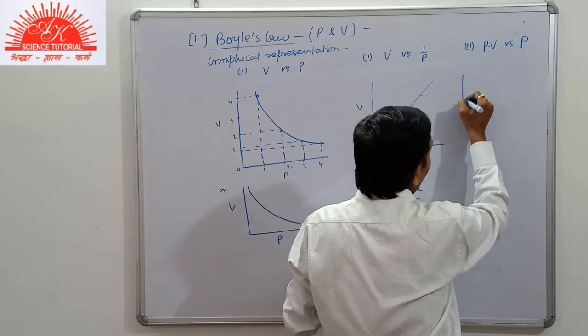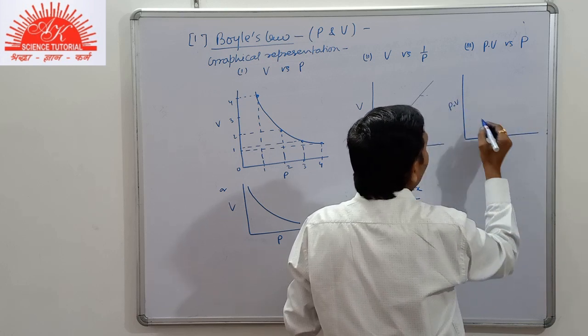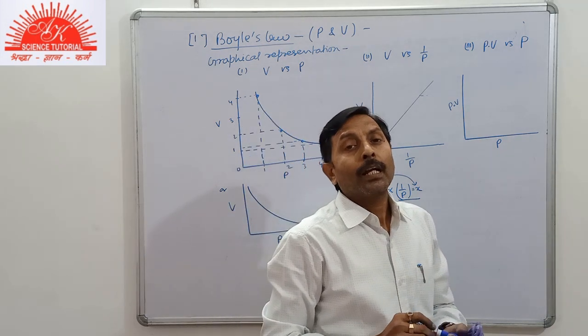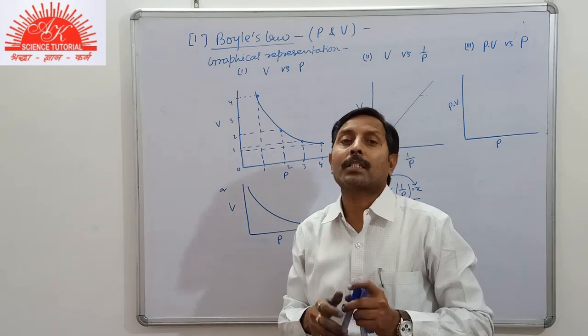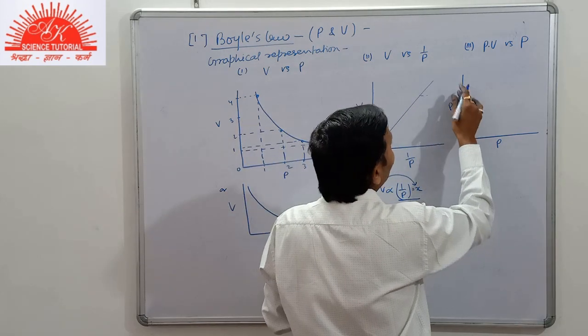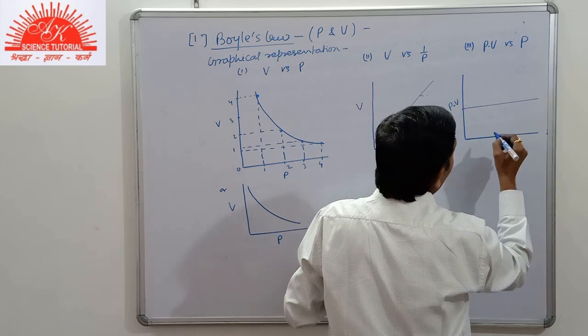Now come to the third graph. P and V, product of P and V with P. Now we have studied that the product of volume and pressure always remains constant. So whatever may be the value of P, the product of P and V always remains constant.